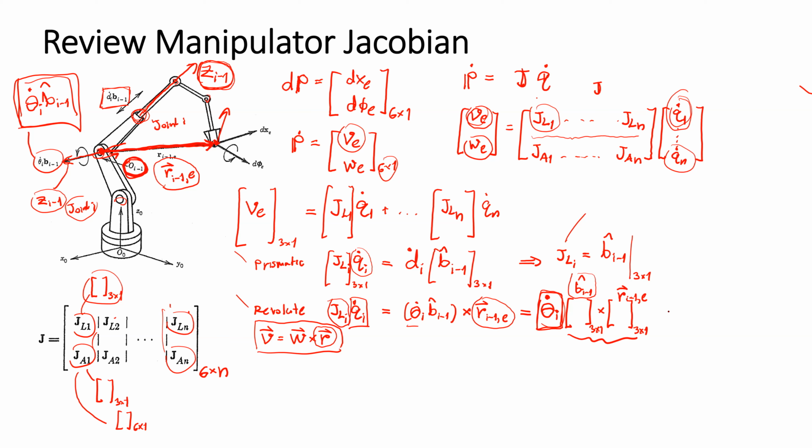It means if the joint is revolute, the Jacobian for mapping the linear velocity of joint I will equal the unit vector indicating the z I-1 direction of the frame, crossed with the relative position vector from the origin of the frame I-1 to the end effector.